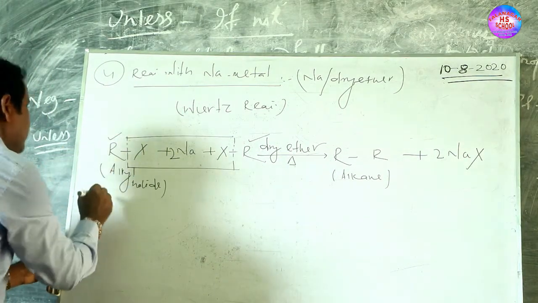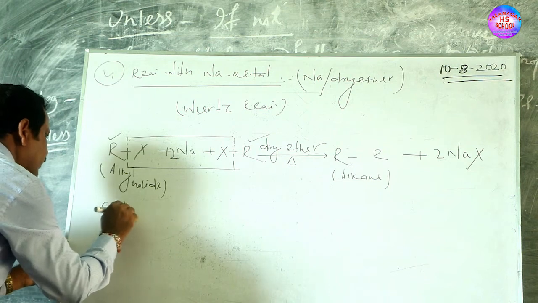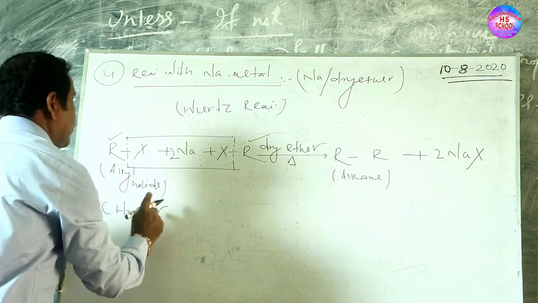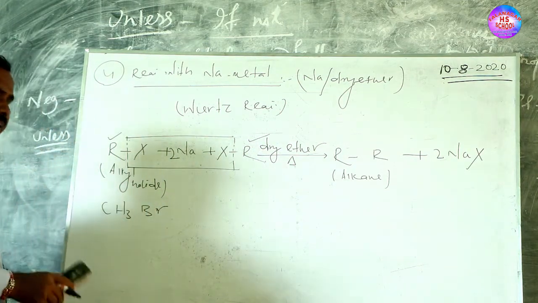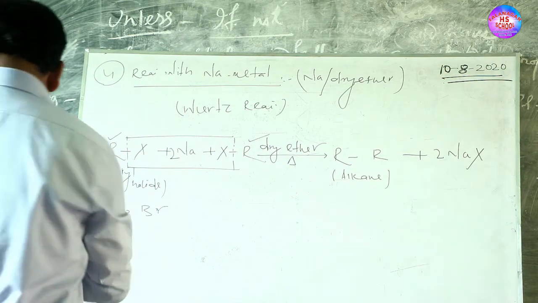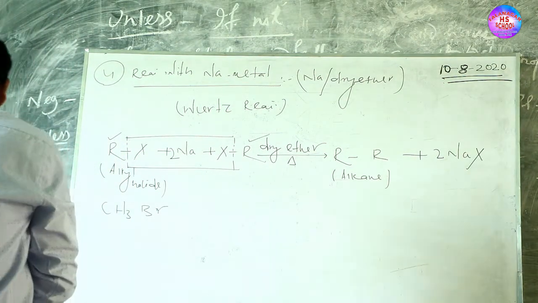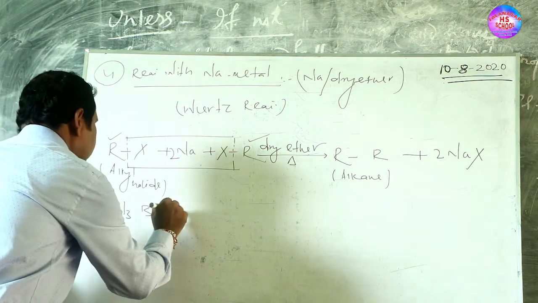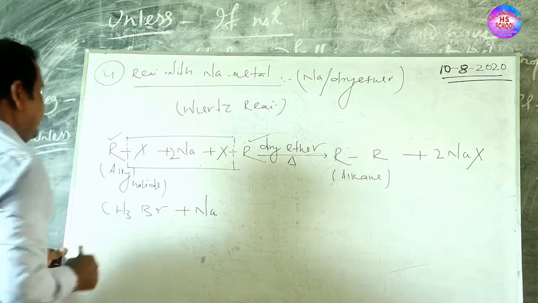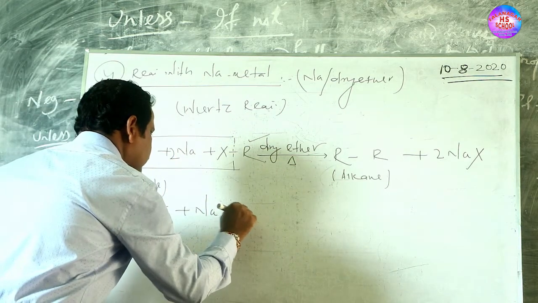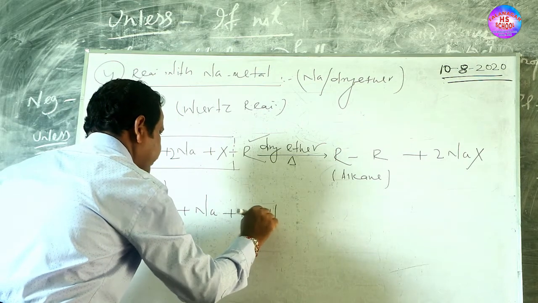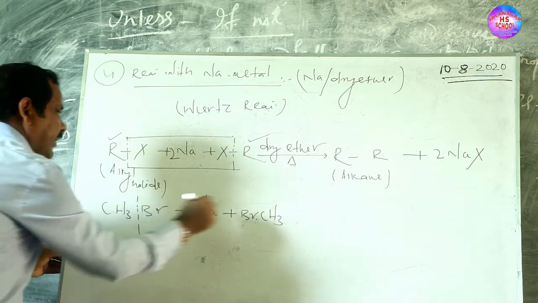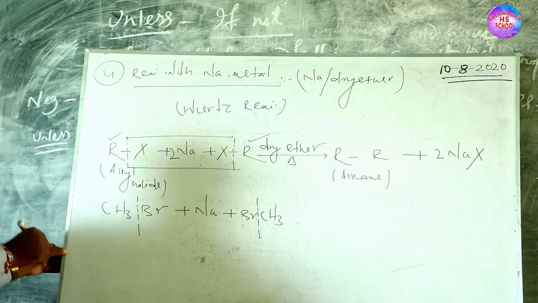For example, suppose R equals methyl, CH3, and X equals bromine: methyl bromide plus sodium metal plus bromine CH3. So the carbon-bromine bond breaks and the bromine-carbon bond breaks.